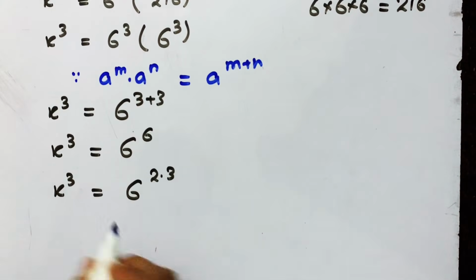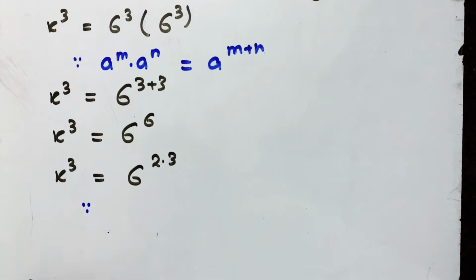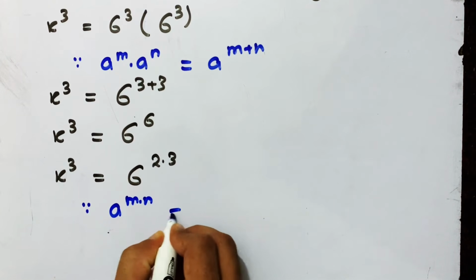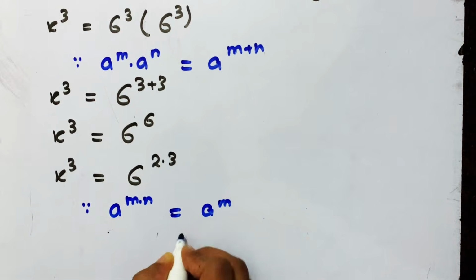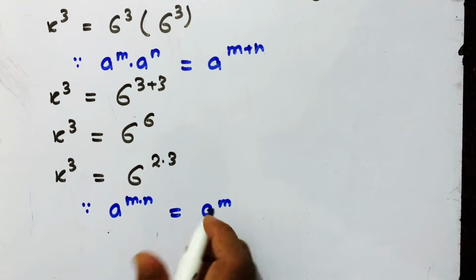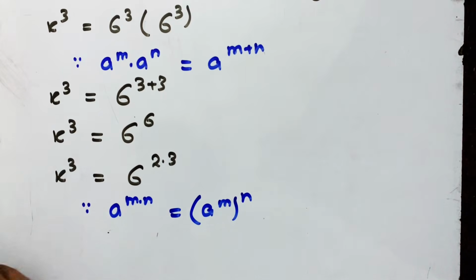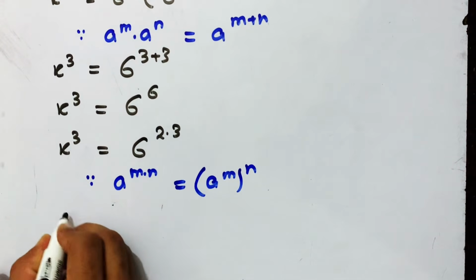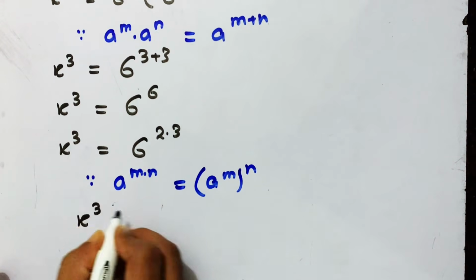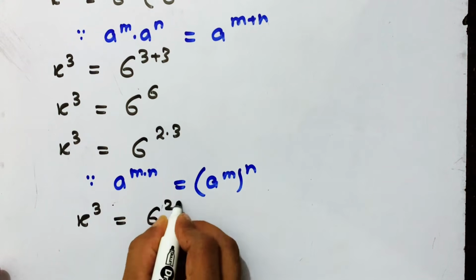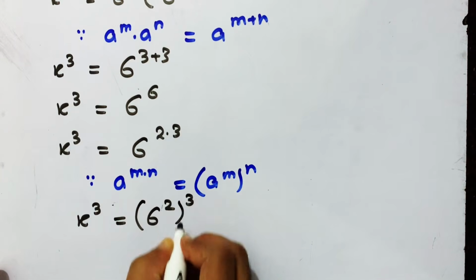Now I use another formula: if one power is inside and another power is outside, we take the whole to the power. So x cubed equals 6 squared, whole to the power of 3.